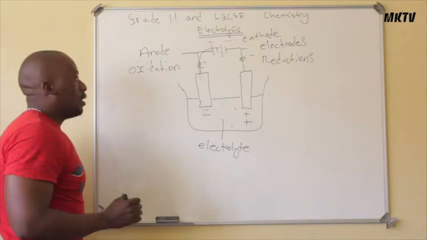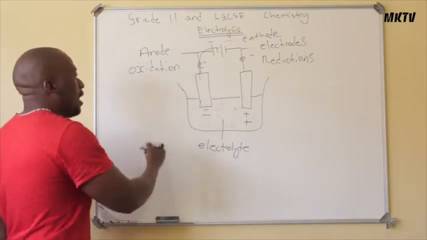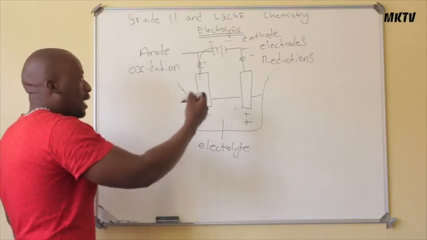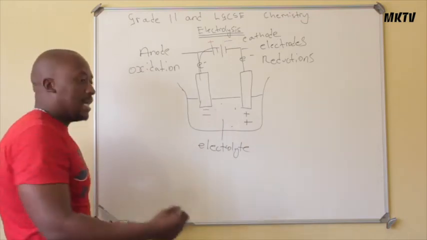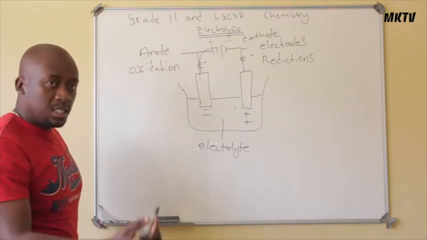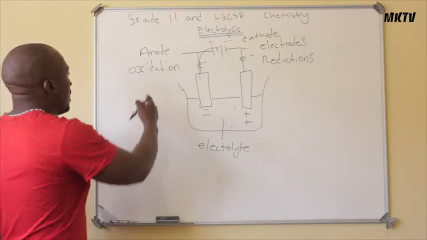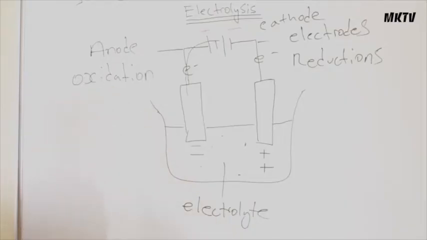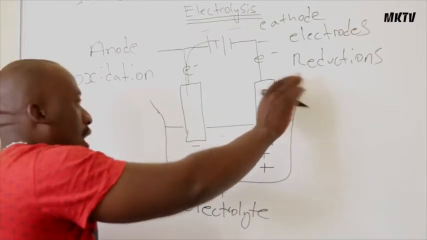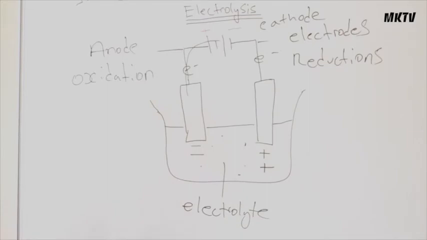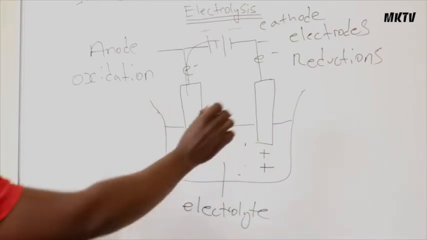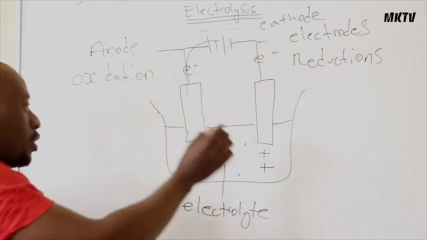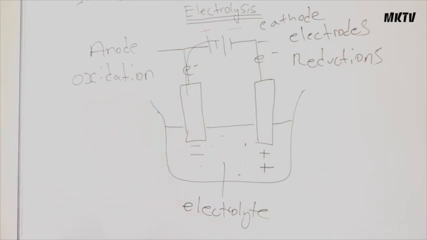This means electrons on one side are going to be given up, and on the other side electrons are going to be received. So the anode is where oxidation takes place, and the cathode is where reduction takes place. All this is what you call an electrolytic cell.